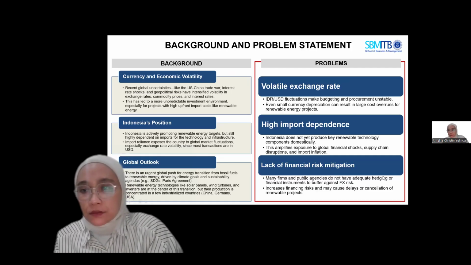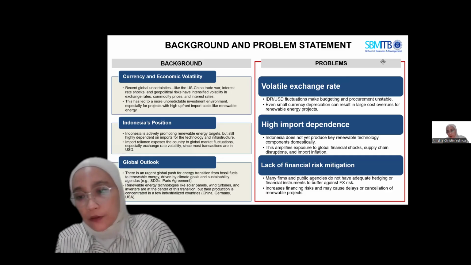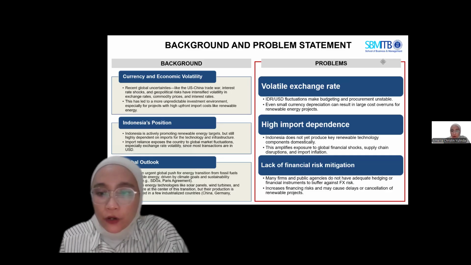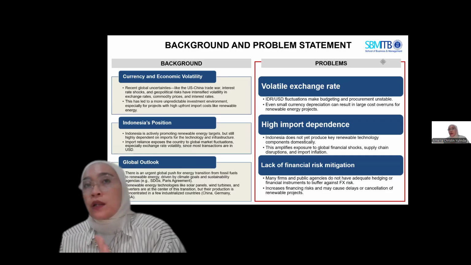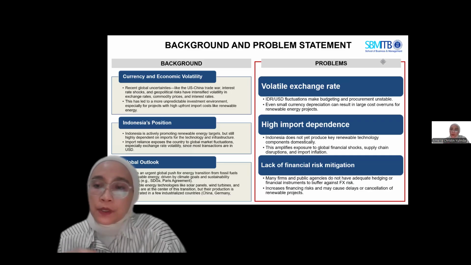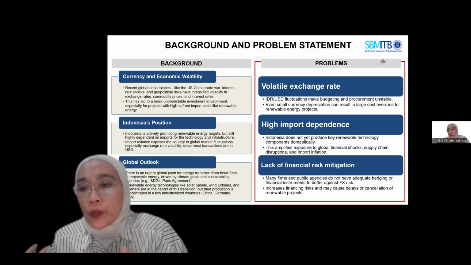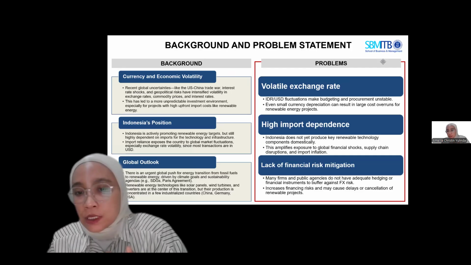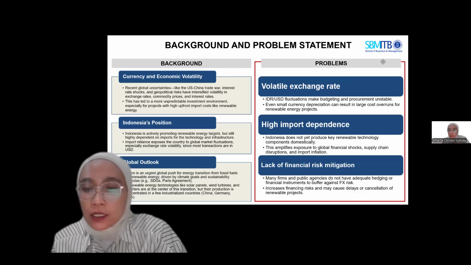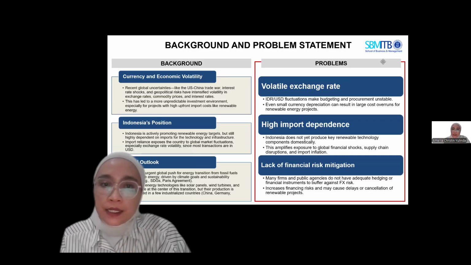Many firms and public agencies do not have adequate hedging or financial instruments or stabilized risk mitigation policies. The policies and industries are not ready if there is fluctuation or volatility in the market. Well, we can jump to the next slide.